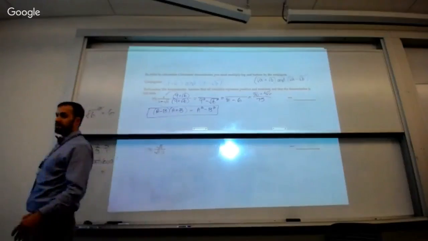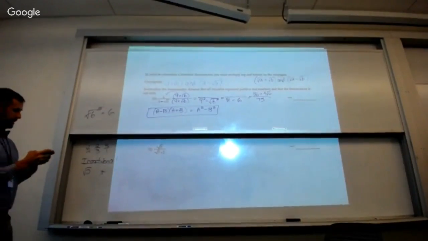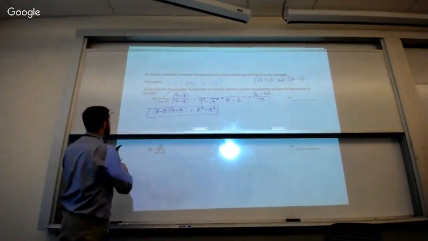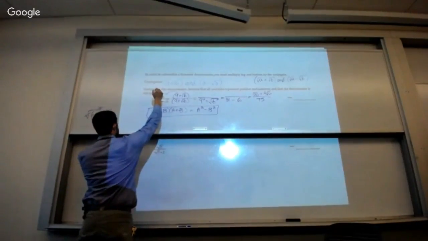We rationalize the denominator. Now again, I would encourage all of you to take out your calculators and verify. Trust but verify. Isn't that the phrase? So if I do 9 minus root 6, I get that one. This answer originally was 0.61.